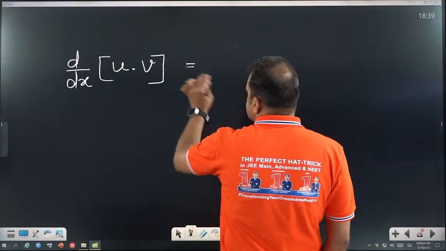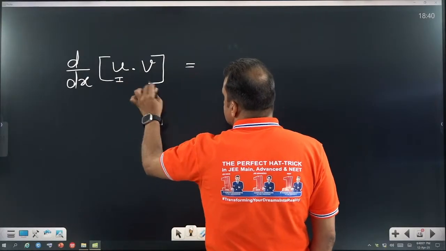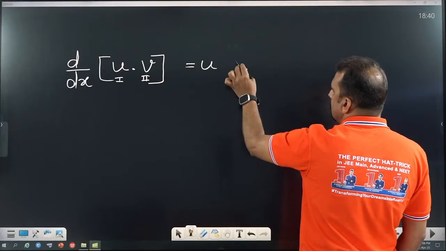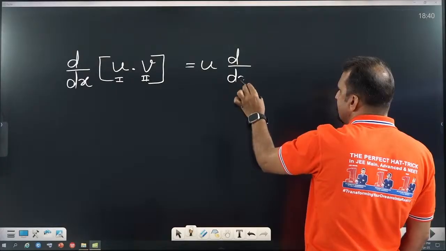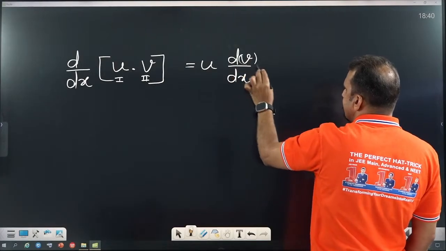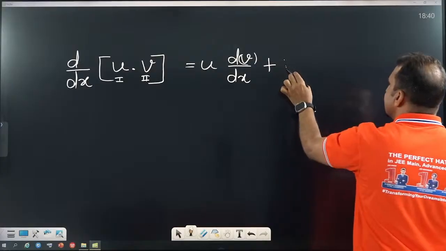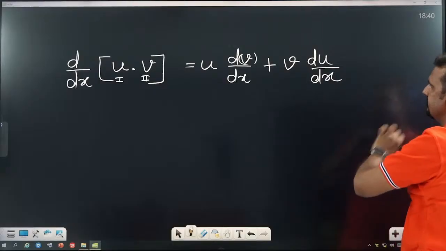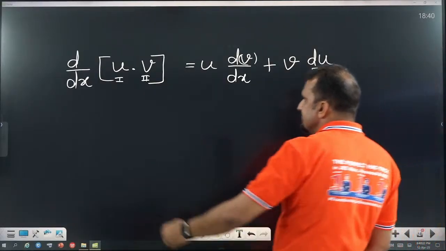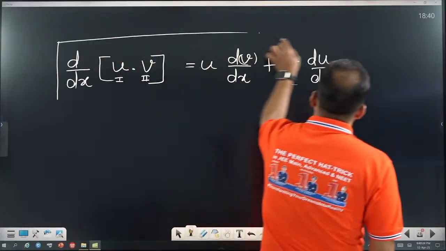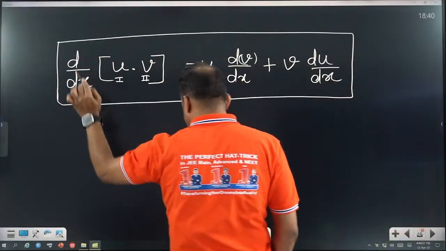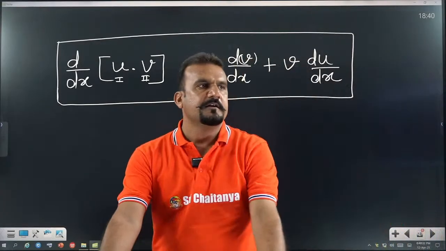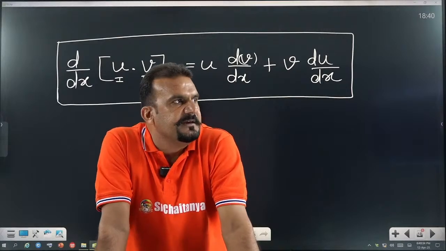The rule is, take the first function outside, differentiate the second function, that means dv by dx, plus then take the second outside and differentiate the first function. So this is the basic rule. You can write this formula also, because that can be useful in some parts of our physics. So let us do one question on this same rule, where multiplication of the functions is being used.